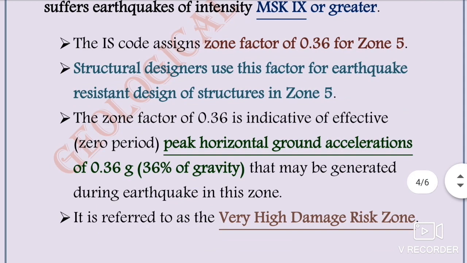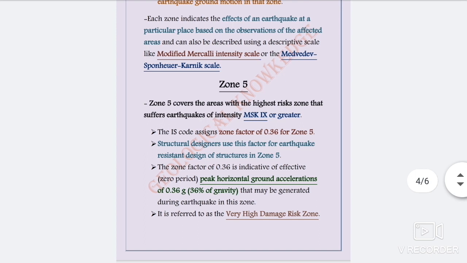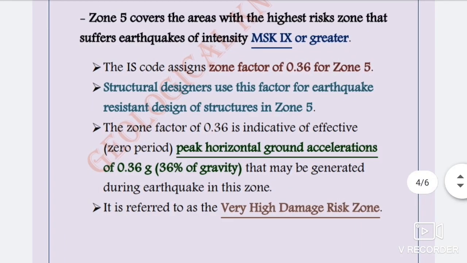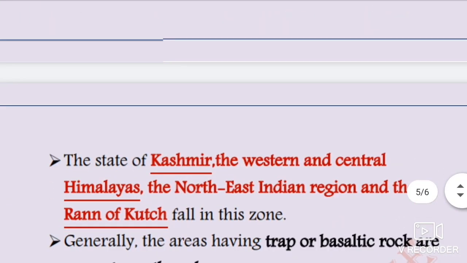And the zone factor of 0.36 is indicative of an effective zero period peak horizontal ground acceleration of 0.36 g, or in terms of percentage, 36% of gravity, that may be generated during the earthquake in that zone, okay. And it's referred to as the very high damage risk zone, as we have already talked about, that is, zone 5 is the very high damage risk zone.